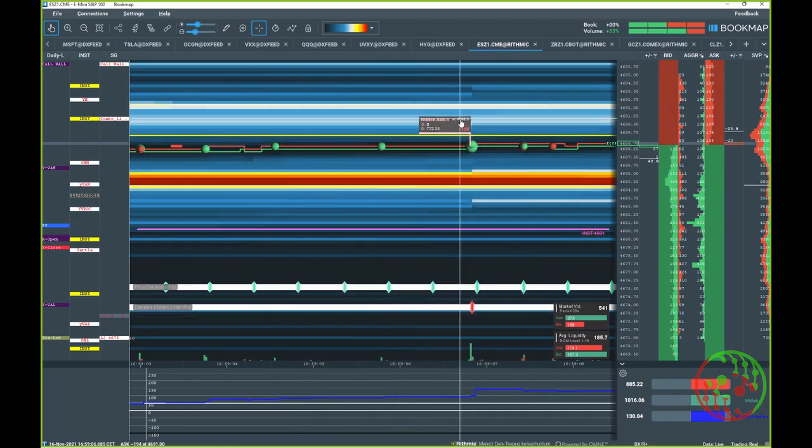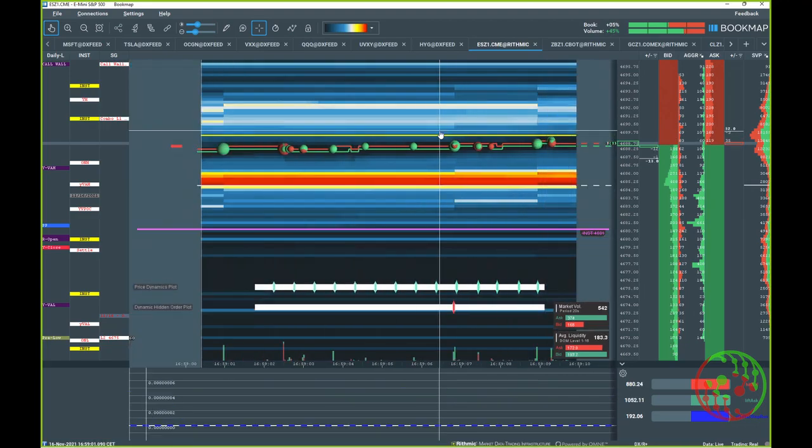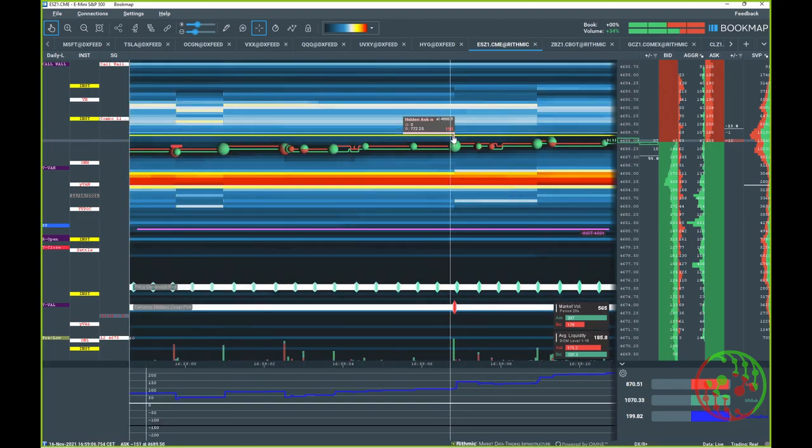At 46, 88 and 50, 150 contracts have been traded within 772 seconds. So in the last 10 minutes, 150 contracts have been traded at 88 and 50.